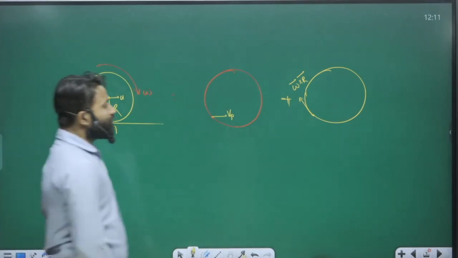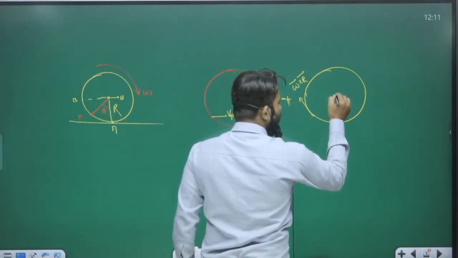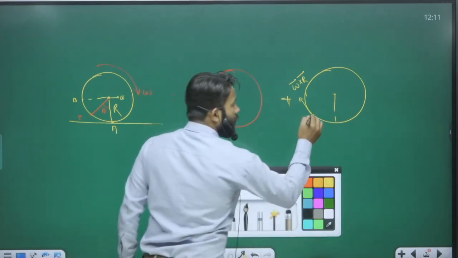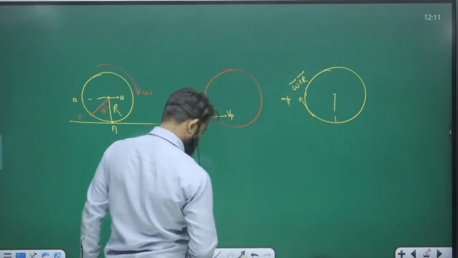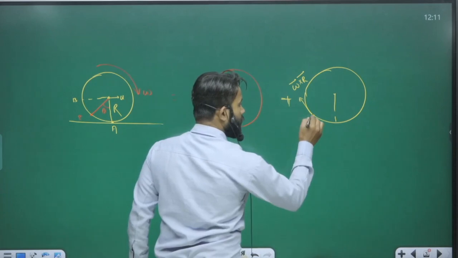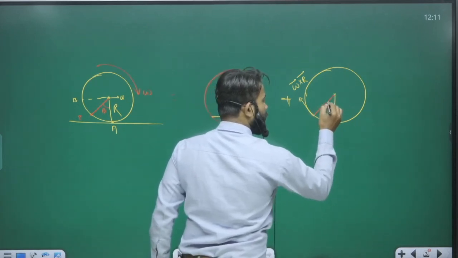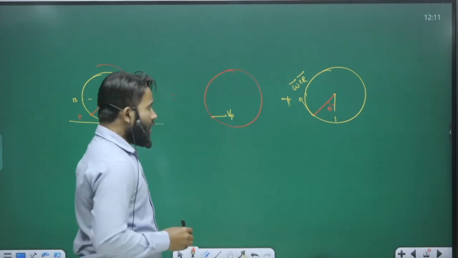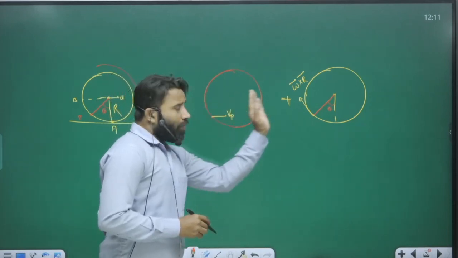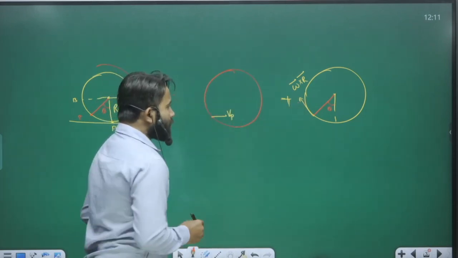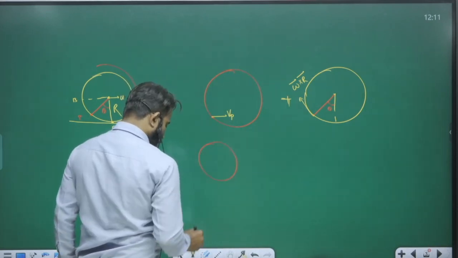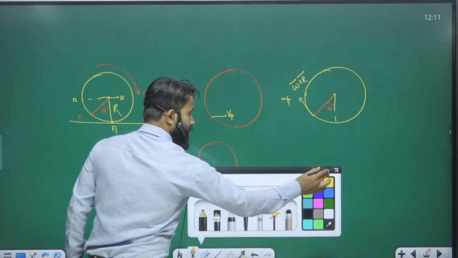Is it okay? Now, this line is making angle theta with this. Okay. If we superimpose both the diagrams, what we will find is that this diagram can be drawn like this.